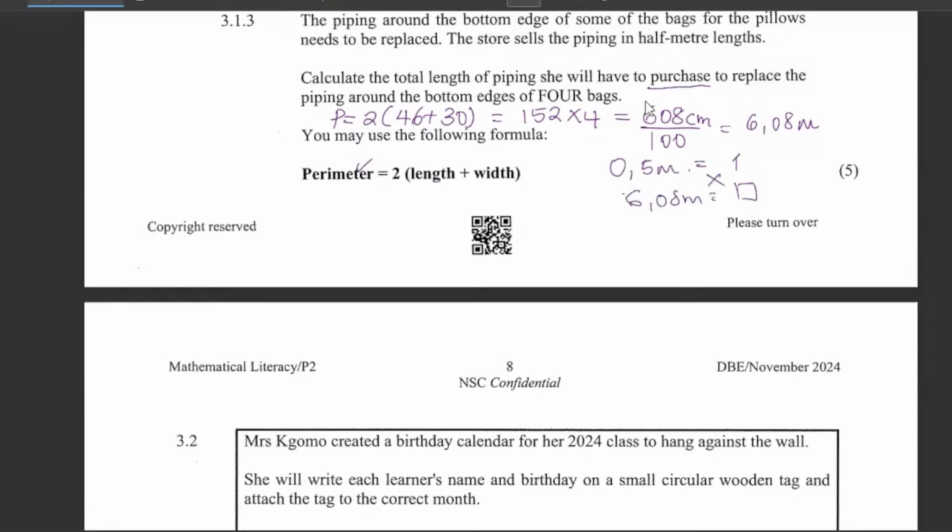So how many half meters shall we buy? So it will be 6,08, the length that you got for the one that you need, divided by 0.5. Which is 12,16. That means you're going to buy 13 of them. You're going to buy 13 half meters, though the 13th one won't fully be used.